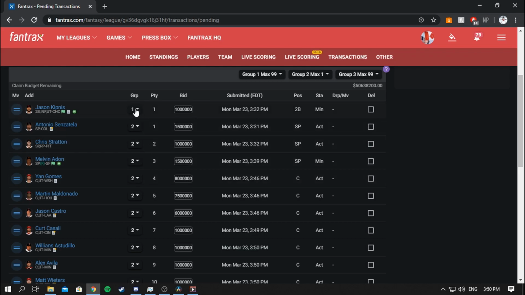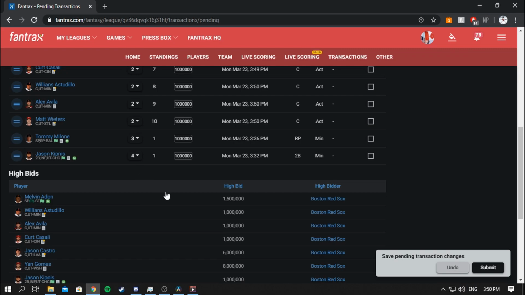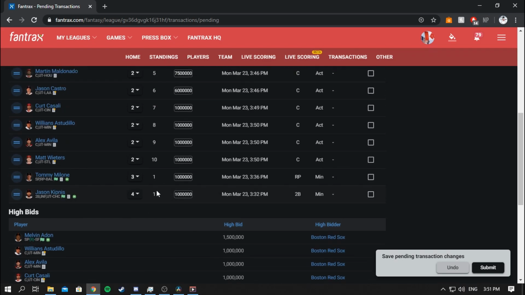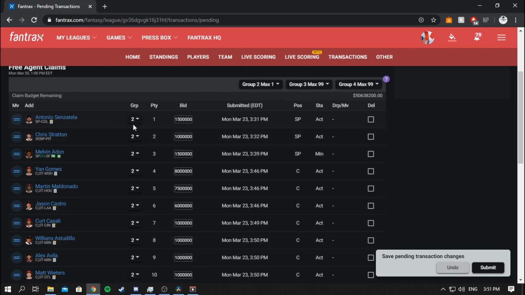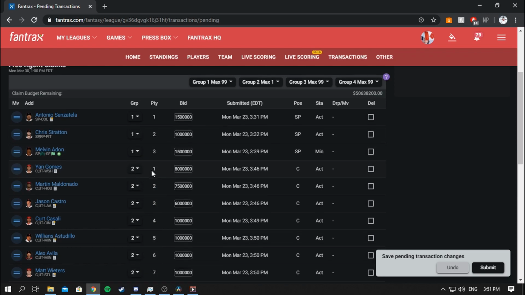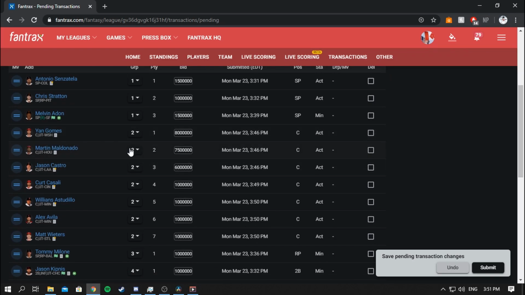I'm going to put Kipnis in group 4, just match it up with its baseball scoring position just to keep me straight here. My starting pitchers, I'll call them group 1. And catchers will be group 2. So I got them in order.